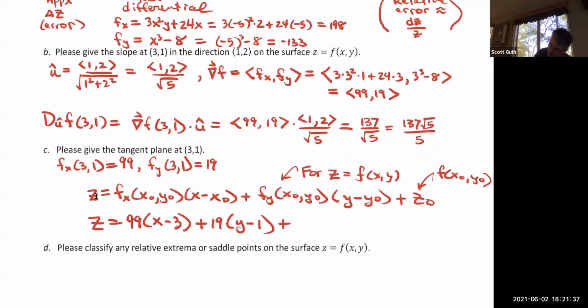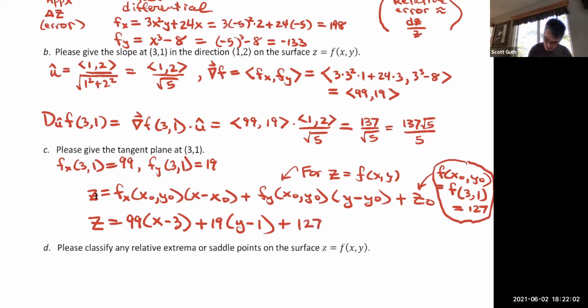So f of x naught, y naught, this will be f of 3, 1, which I have done already. It's 127. So I'll just box that in. So you add the 127 to this.